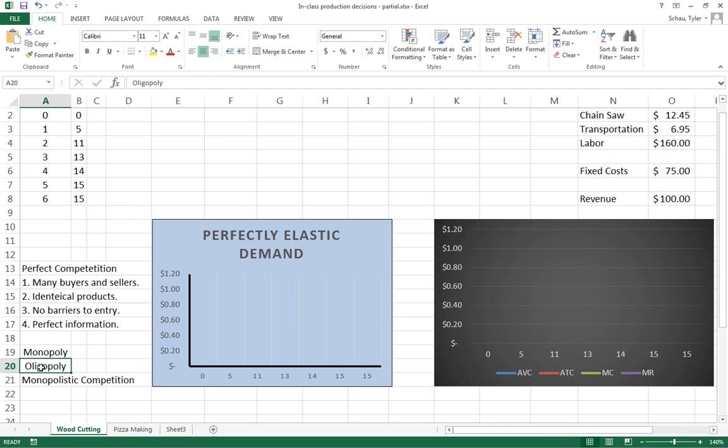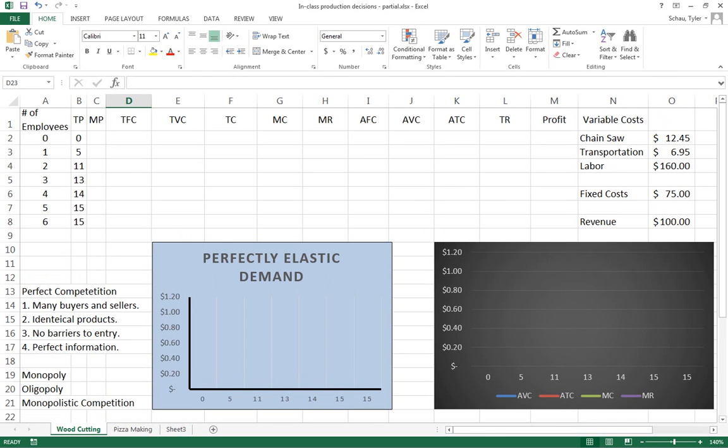There we go. Monopolistic competition is like your standard industries that most of us purchase things from. Restaurants. The idea of monopolistic competition is you can make your product just a little bit different than everyone else's, which means you have a little bit of control over price.